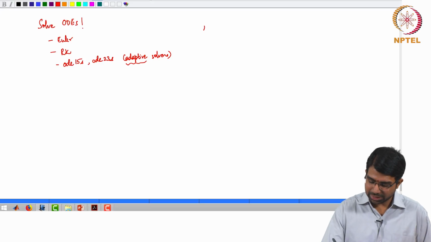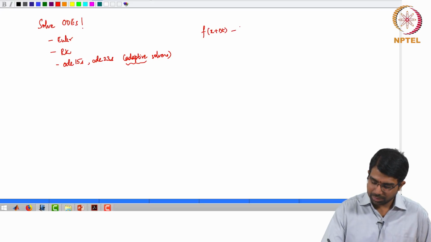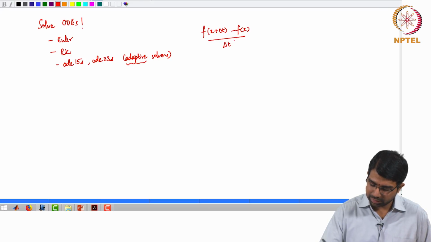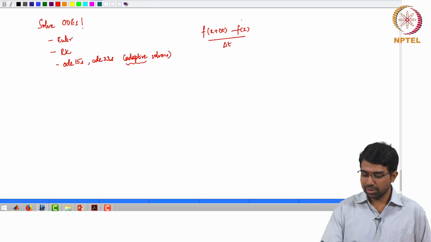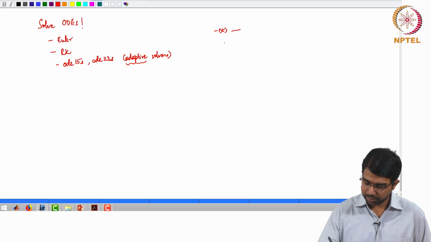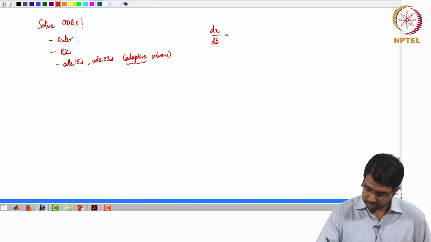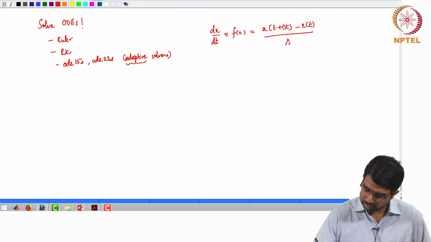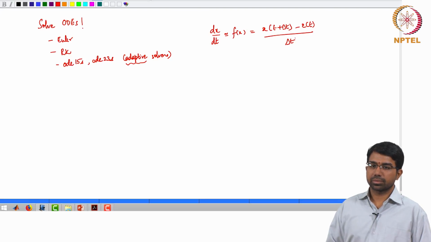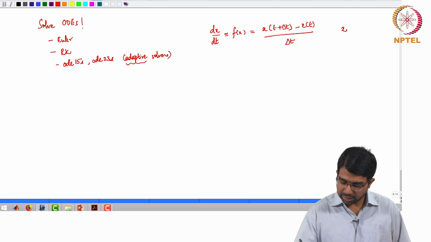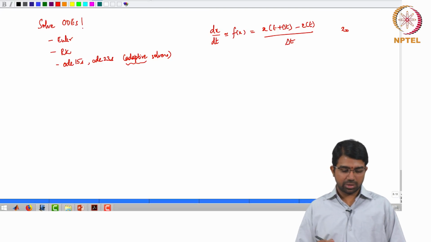So, all your methods basically use some f of x plus delta t minus f of x by delta t and so on, right, or rather we would say dx by dt equals f of x equals x of t plus delta t minus x of t by delta t. You use this and the x naught value to predict x at different places.